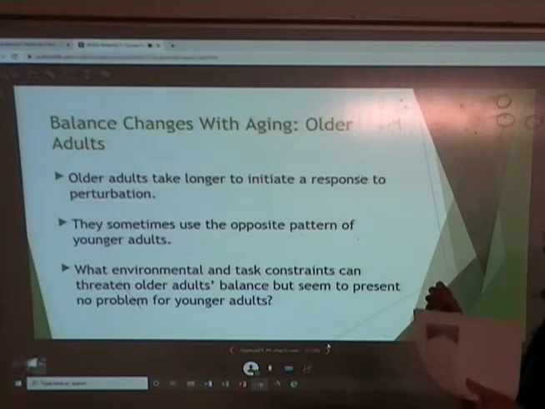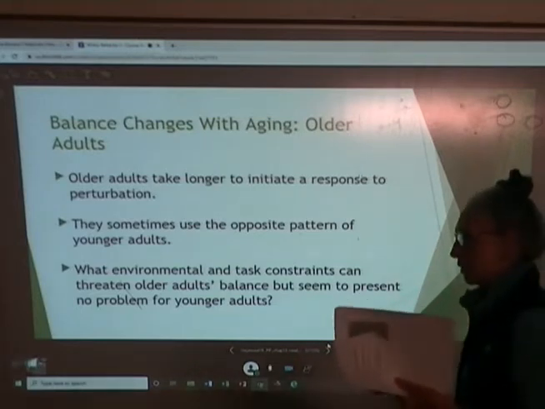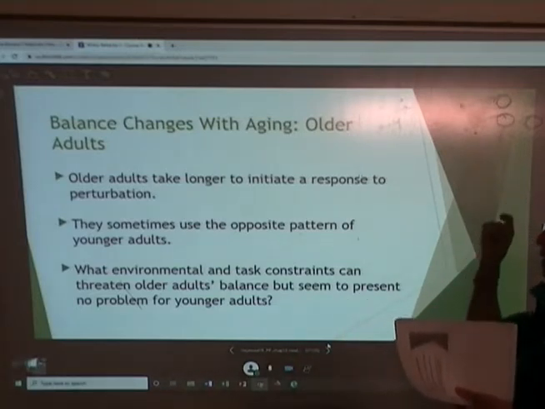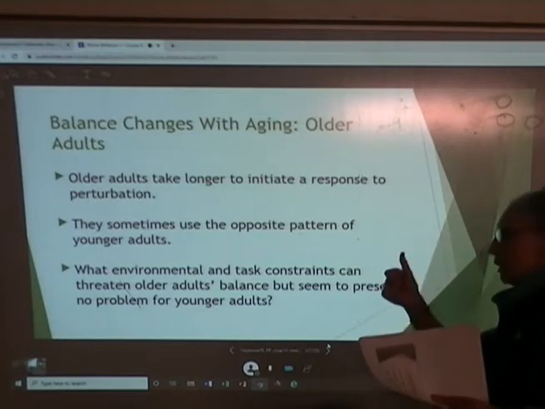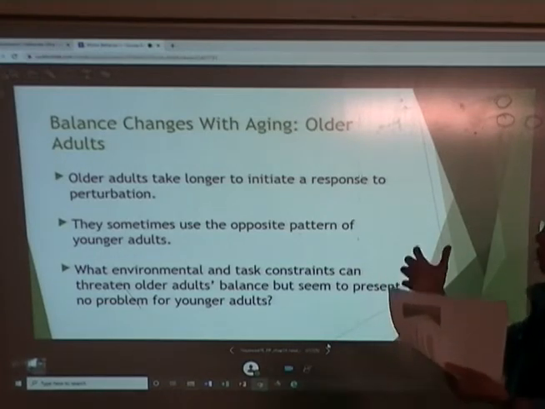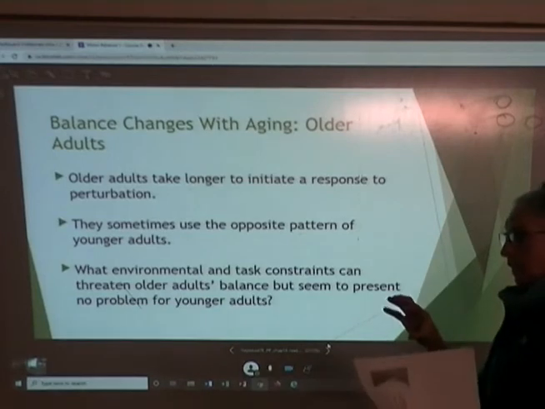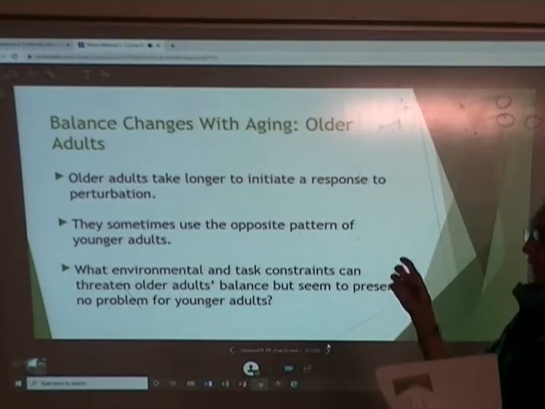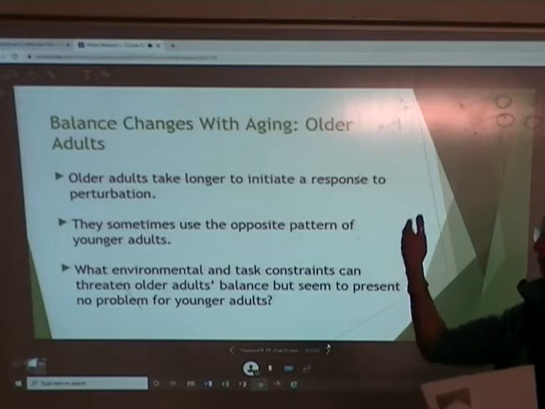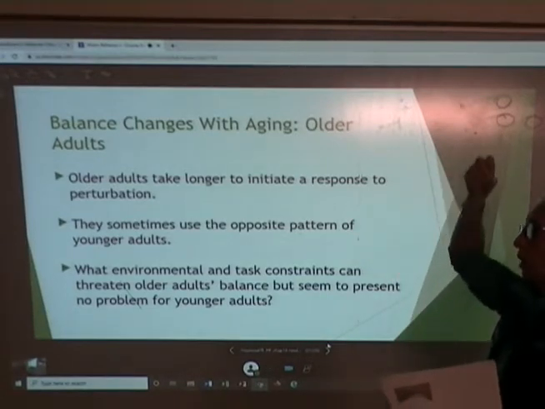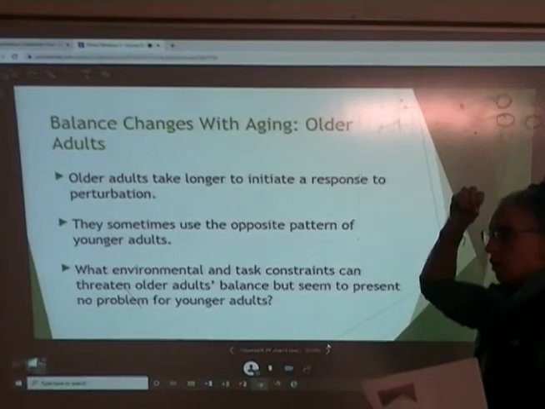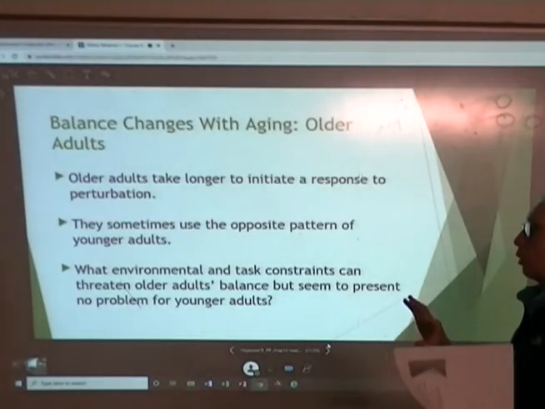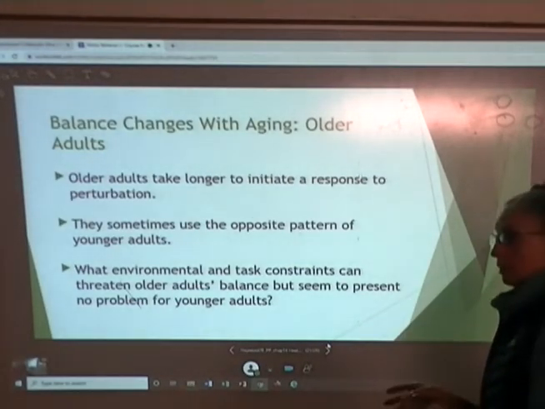So the first thing that happens is when you perturb the surface, it takes longer for the muscles to turn on to maintain the balance. So there's a delay in the contraction. Now, that delay might be because of degradation in the neural system, or it could be degradation in the muscular system.